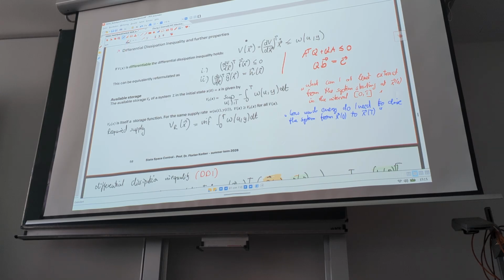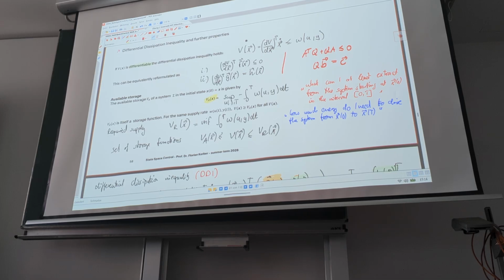And then we basically have a set of storage functions, of which the available storage is the minimum, or the infimum if you want, and the required supply is the maximum.